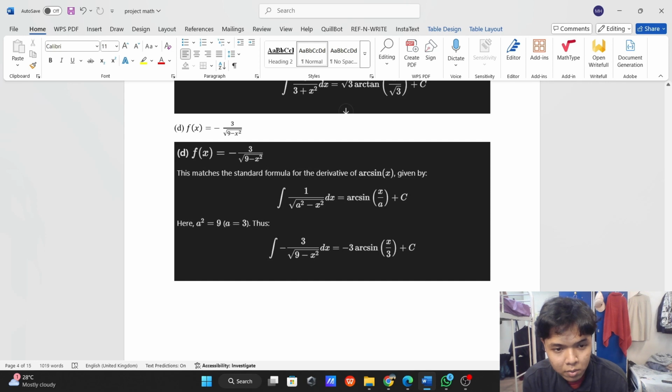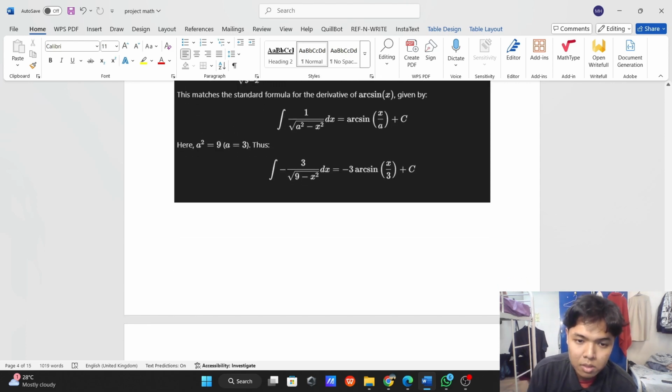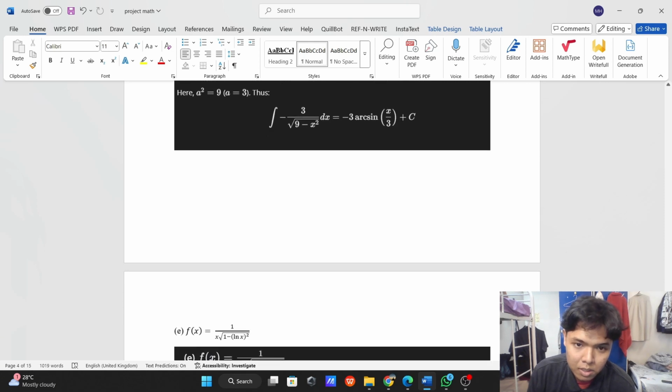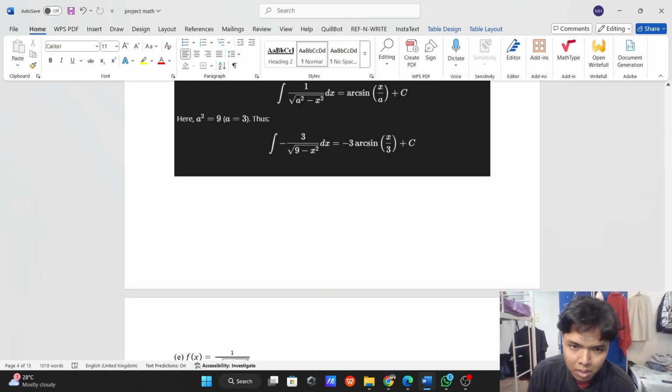Here we got a squared as 9, so a is equal to 3. Then we got the integral of negative 3 over root of 9 minus x squared dx is equal to negative 3 arcsin x over 3 plus c, as a is equal to 3.